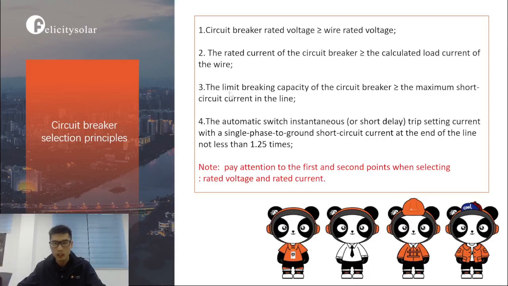Third, the limit breaking capacity of the circuit breaker should be larger than or equal to the maximum short circuit current in the line. And fourth, the automatic switch instantaneous or short delay trip setting current with a single phase to ground short circuit current at the end of the line should be not less than 1.25 times.